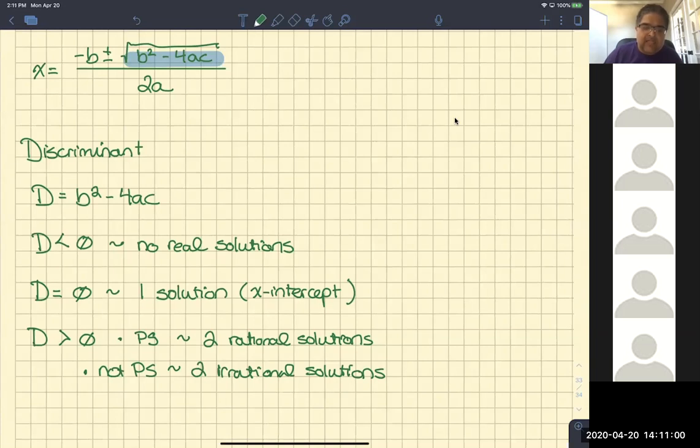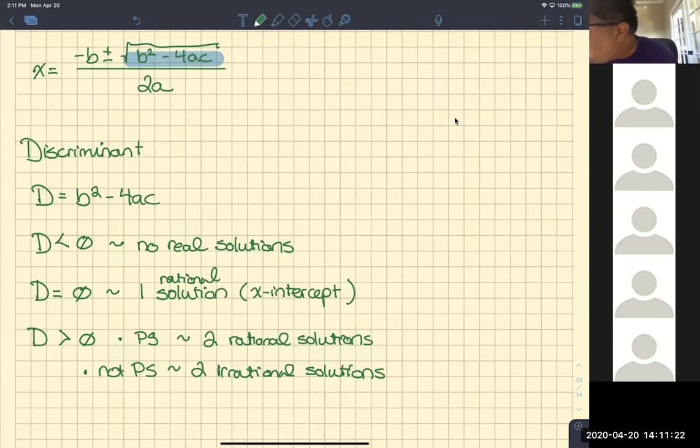If the discriminant is negative, then I have no solutions and I can stop. If the discriminant is equal to 0, that means I have one rational solution. If the discriminant is positive and a perfect square, then I have two rational solutions. And if it's not a perfect square, two irrational solutions.